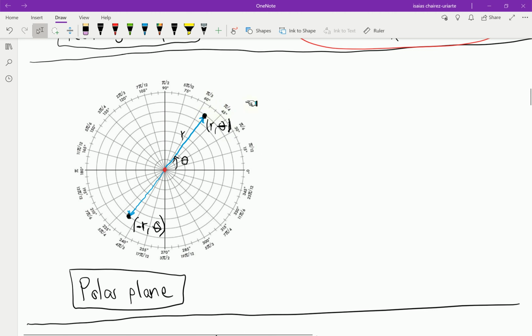Notice that I also have associated with this point r, theta the diagonally opposite point, negative r, theta. How does negative r comma theta work? Imagine first going negative r. In this case we said r was 7. Now let me go negative 7: 1, 2, 3, 4, 5, 6, 7.